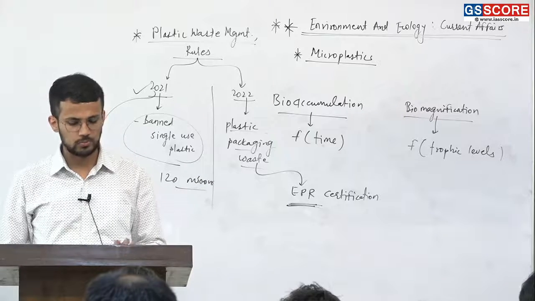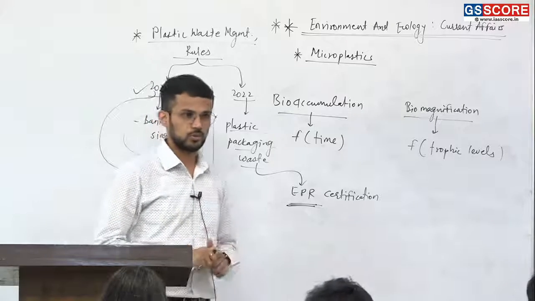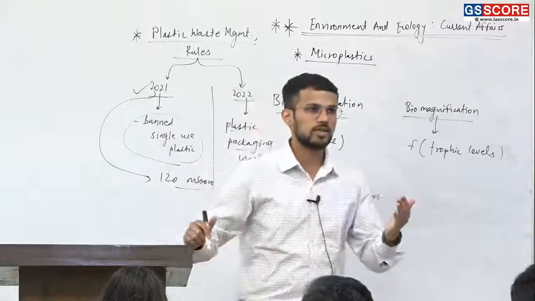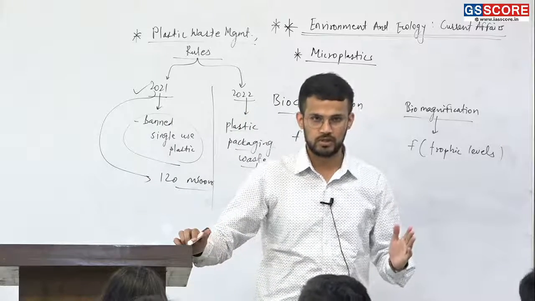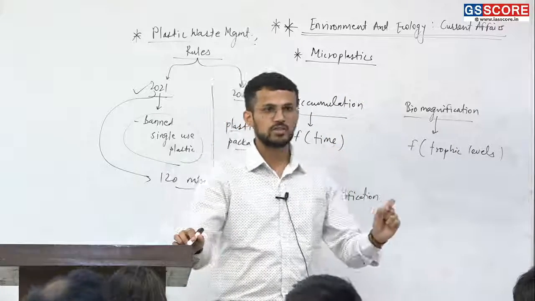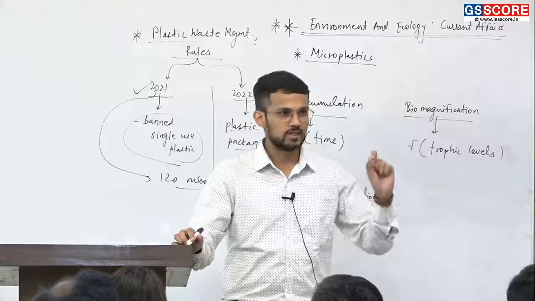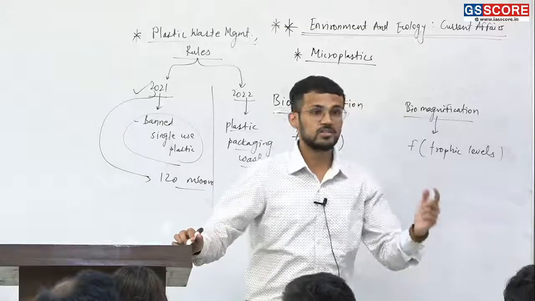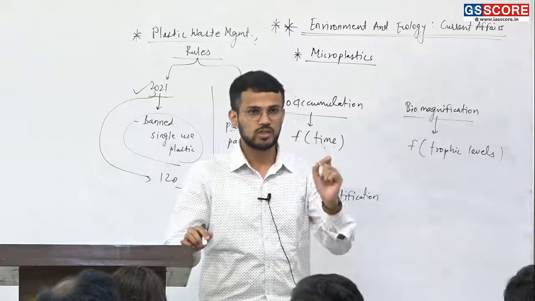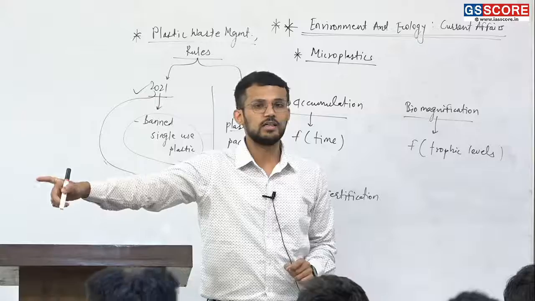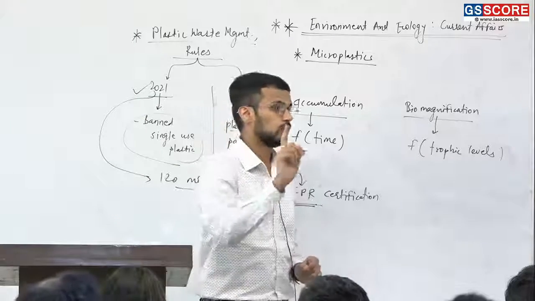Next is pharmaceutical pollution. Pharmaceutical pollution is a form of water pollution because pharmaceutical industries use chemicals, and as they use chemicals they generate lots of industrial effluents, and those industrial effluents, if not treated and if put directly in water bodies, will lead to pollution.